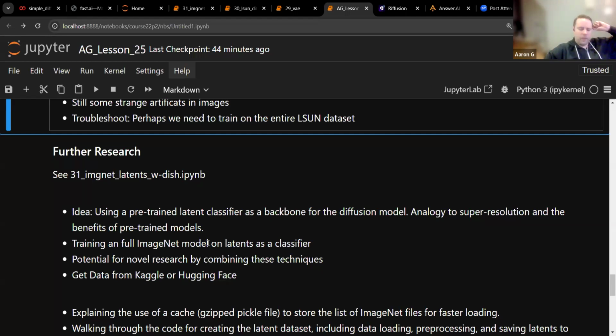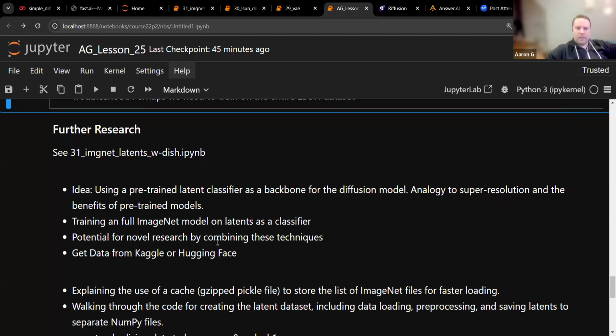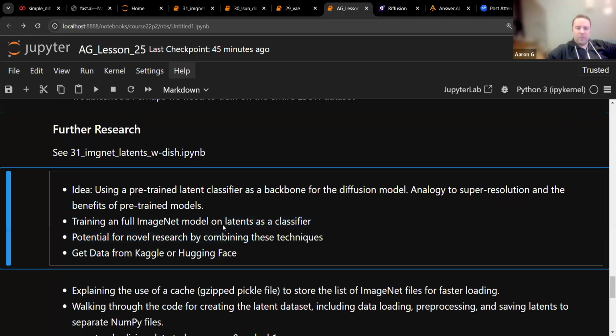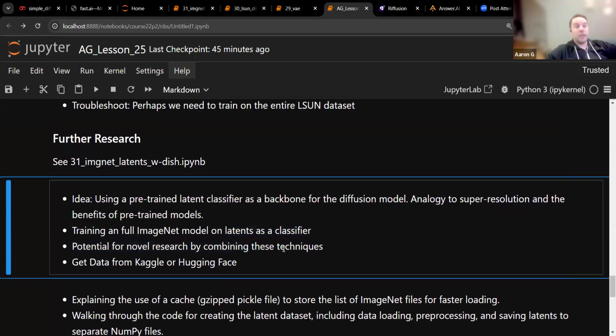So I think you just use the diffusers model out of the box to encode it into a latent space. And then you train the classifier model on that. And that could be an interesting model once you've trained that, for doing some more sophisticated diffusion approaches.